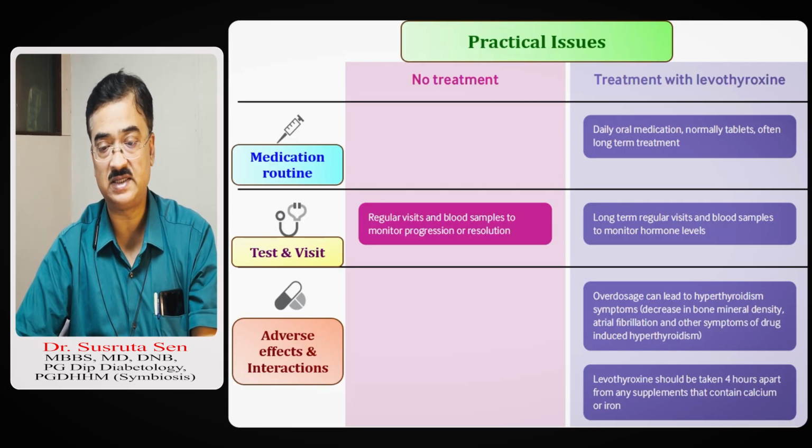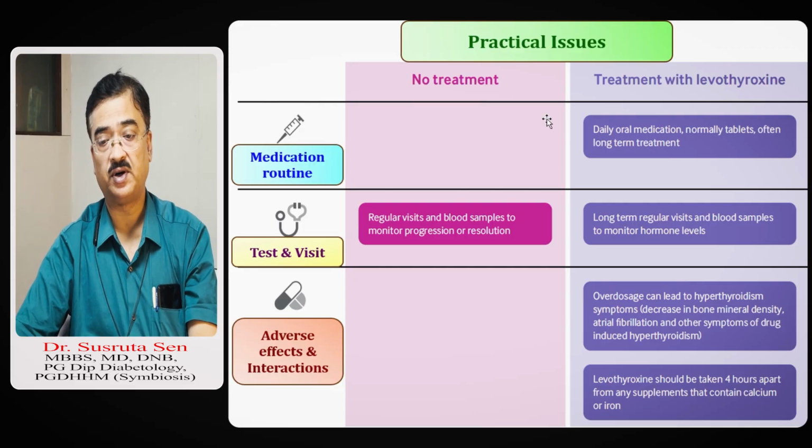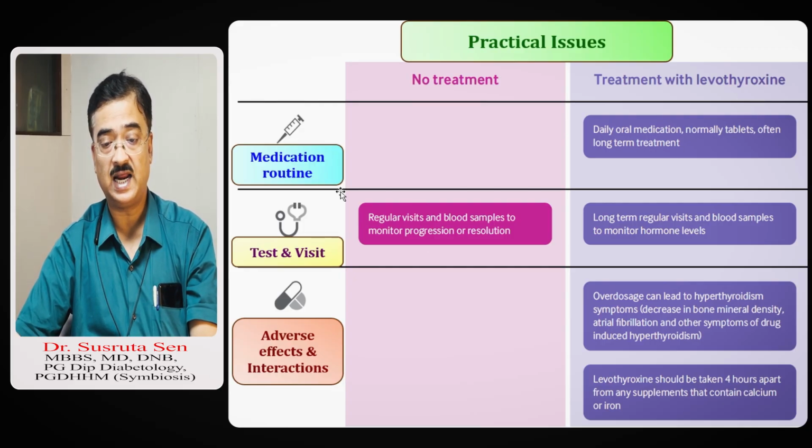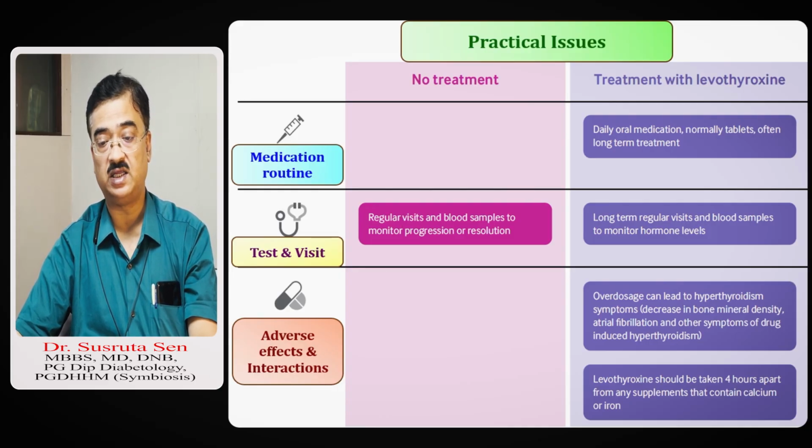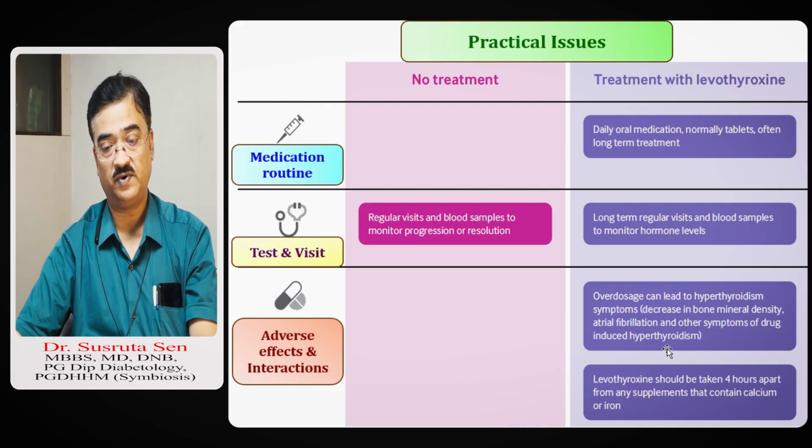Now, medicine routine is very important. For levothyroxine, regular treatment is very important. And a visit at least every 2 to 3 months with testing of TSH and FT4 is mandatory when a patient is under treatment. Now, adverse effects: sometimes you can give an overdose, which can lead to a hyperthyroid state.